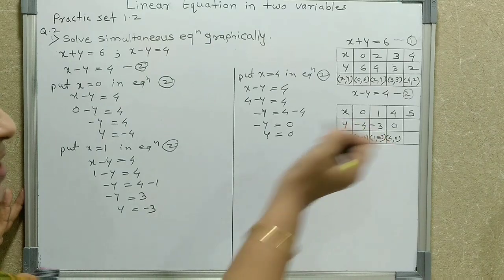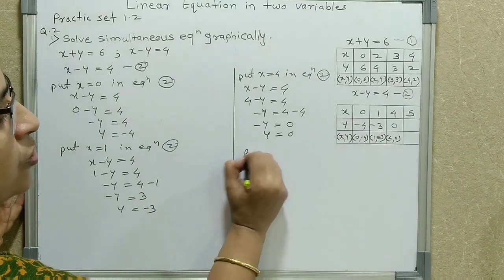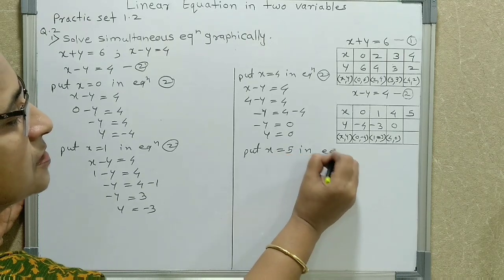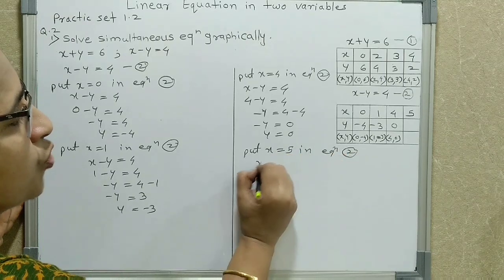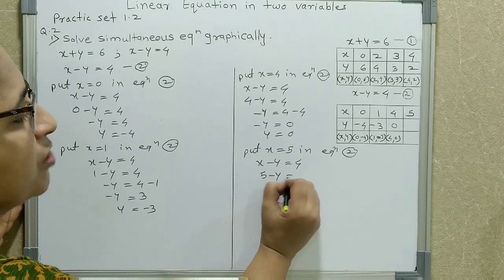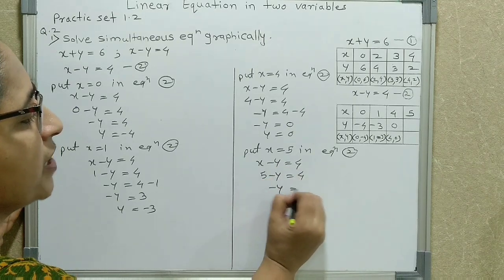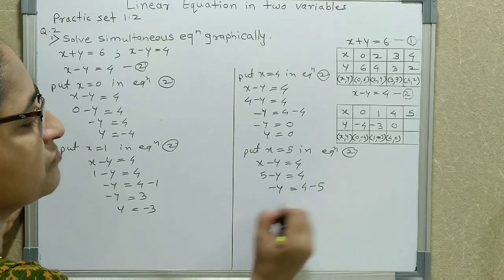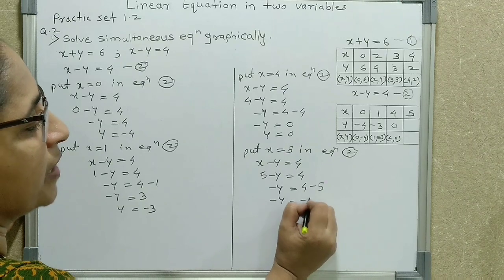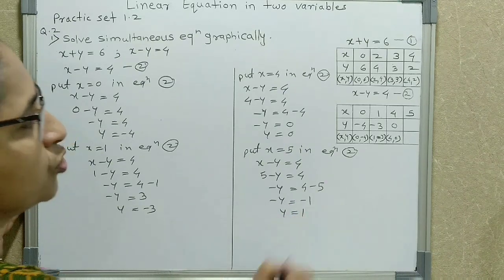Now last, x equal to 5. Put x equal to 5 in the second equation. x minus y equal to 4, so 5 minus y equal to 4. Minus y equal to 4 minus 5, minus 1, and y equal to 1.